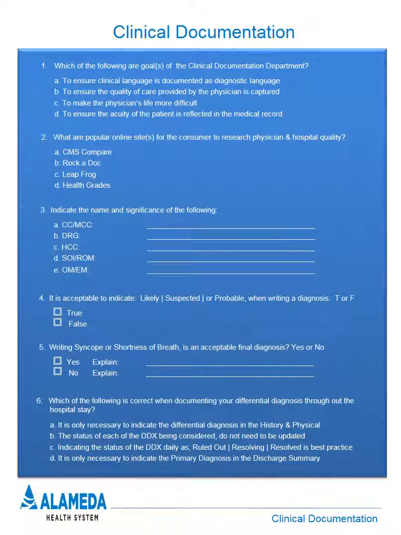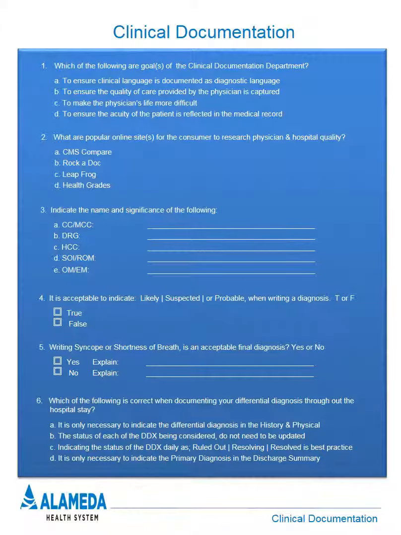Okay, so 6. Which of the following is correct when documenting your differential diagnosis throughout the hospital stay? A, it is only necessary to indicate the differential diagnosis in the H&P. That's false, right?